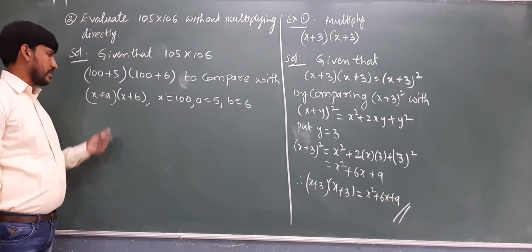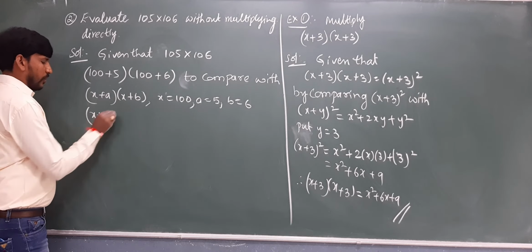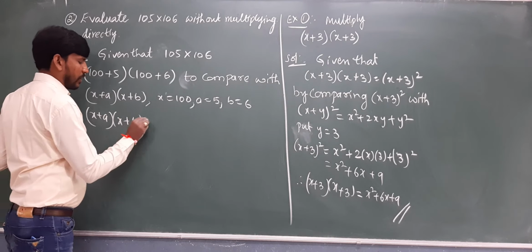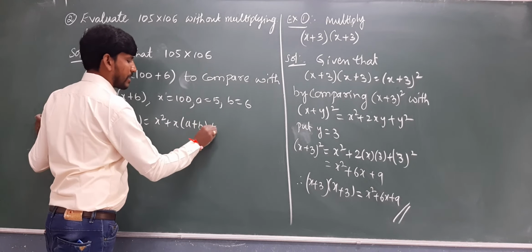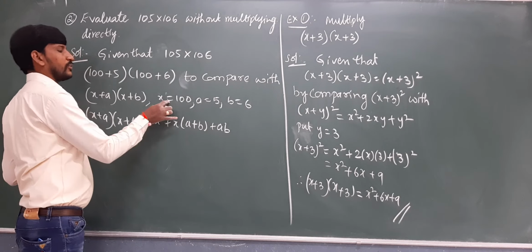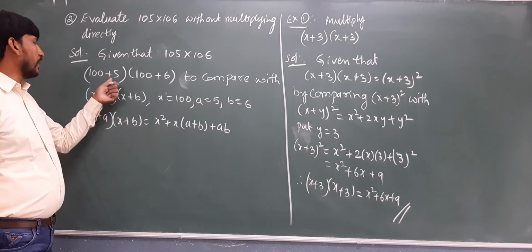Clear, my dears? This is the fourth identity. What is that fourth identity? x plus a into x plus b is equal to x square plus x into a plus b plus ab. You just substitute the x value, a value and b value in this fourth identity. You will get the solution.